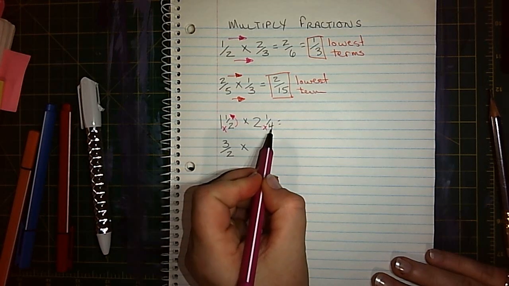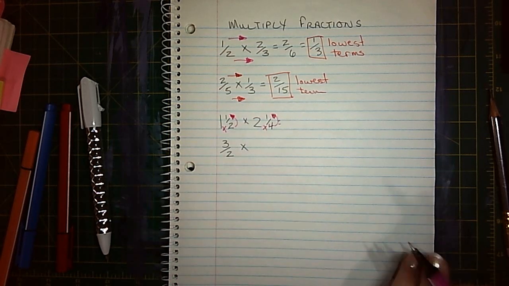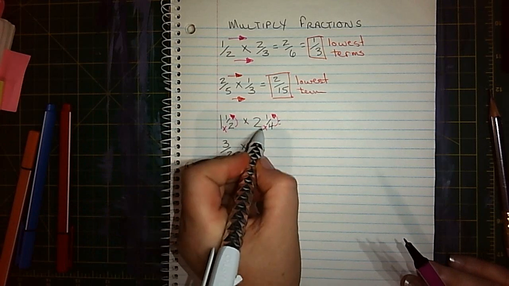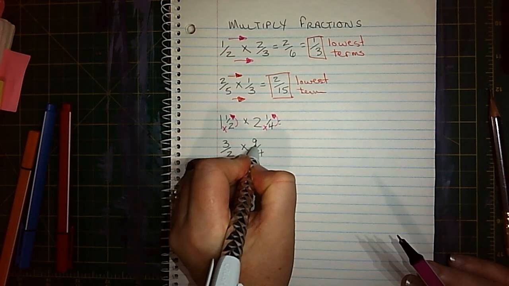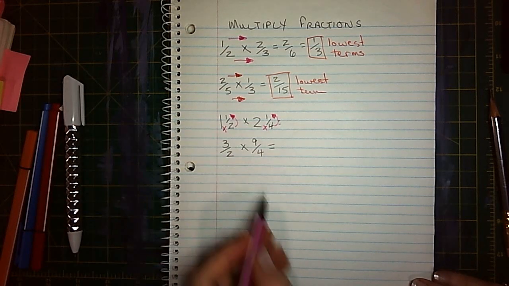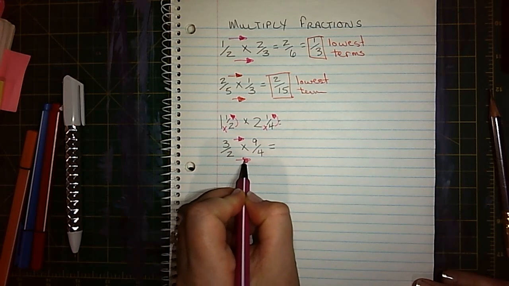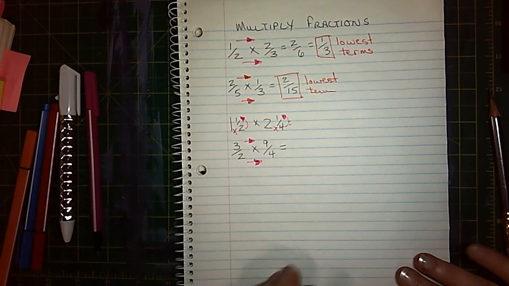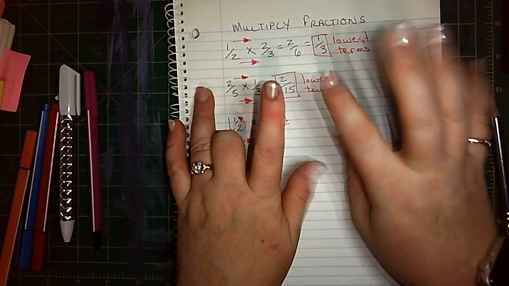Whole number times the denominator, add that numerator. So 2 times 4 is 8, plus the 1 is 9 over 4, right? So now we just carry on the way we did up top. Numerator to numerator, denominator to denominator. 3 times 9, 27.